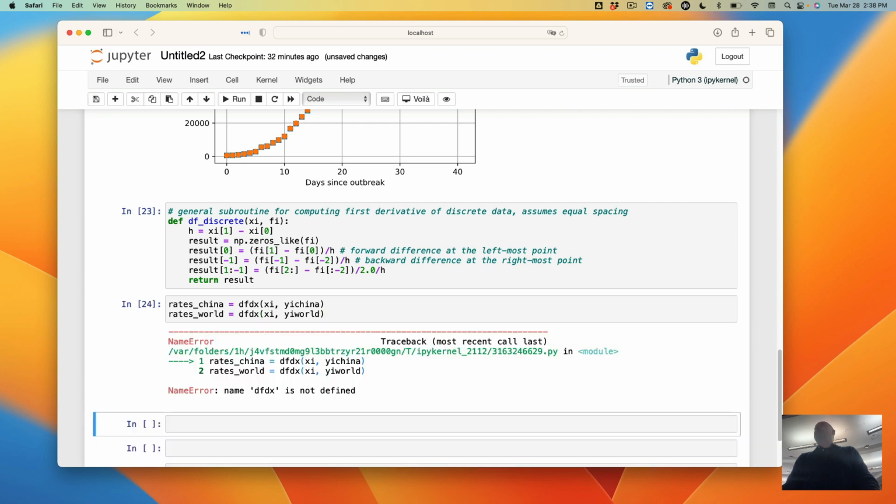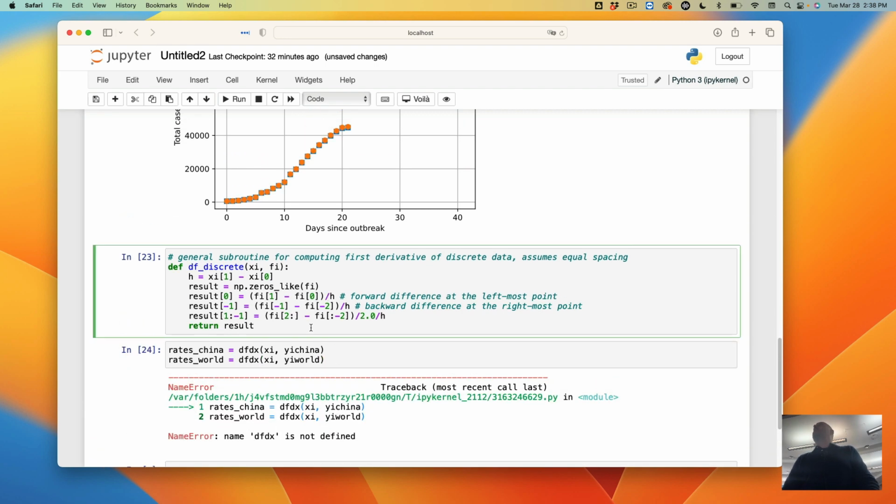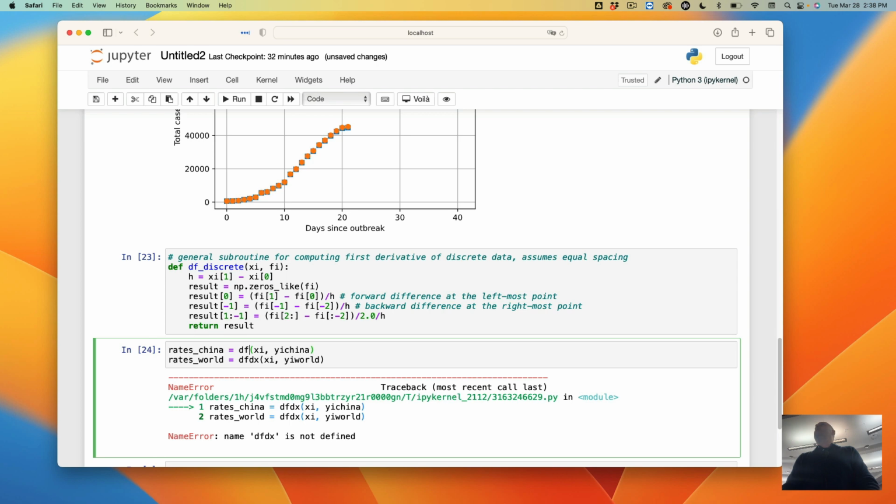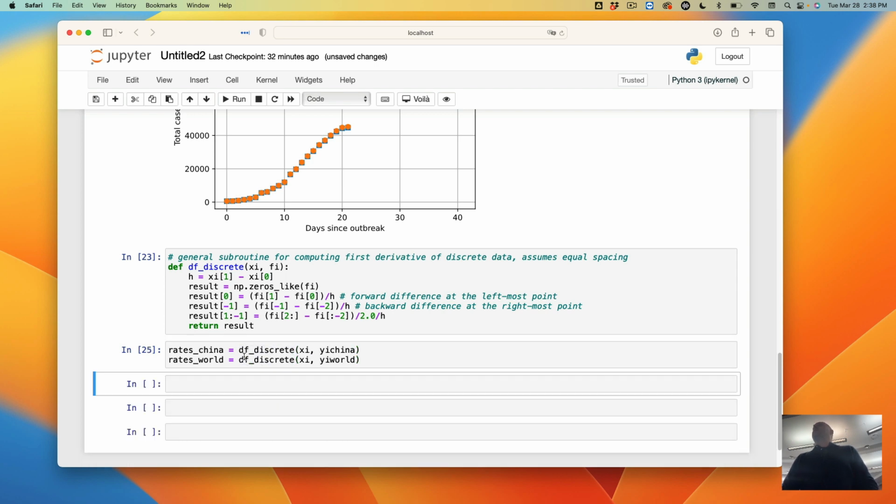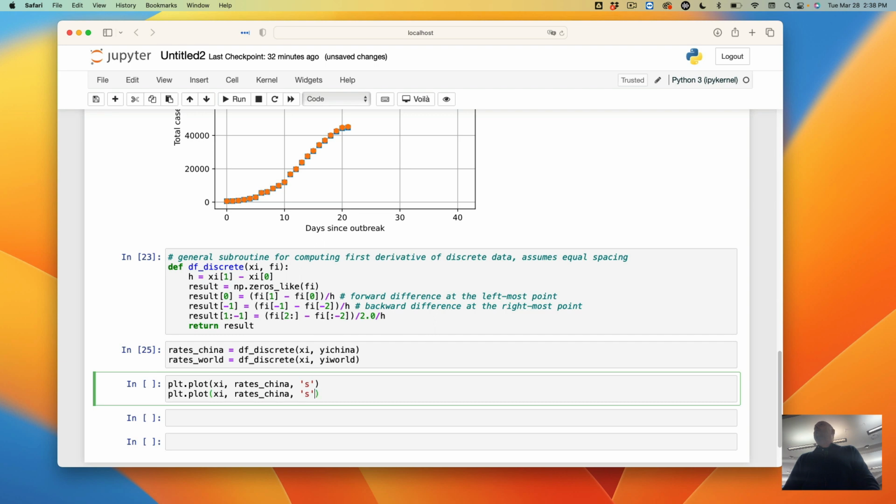Oops, it's not df dx, it's df discrete, my bad. Then plt.plot. We're going to plot xi versus rates China as squares, and then rates world as circles.